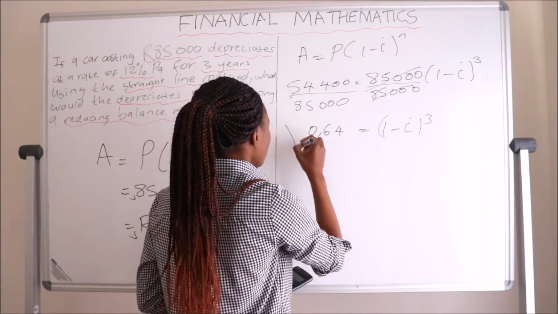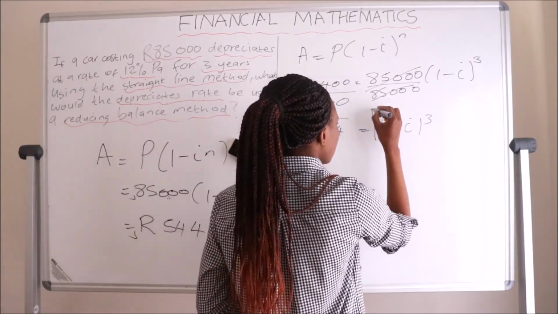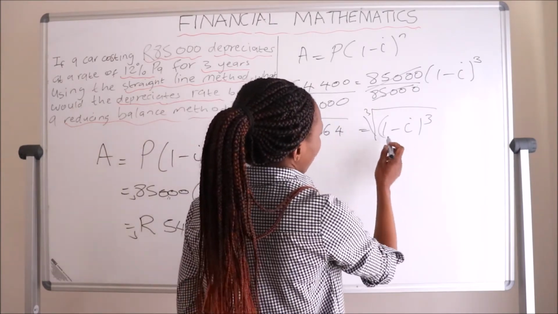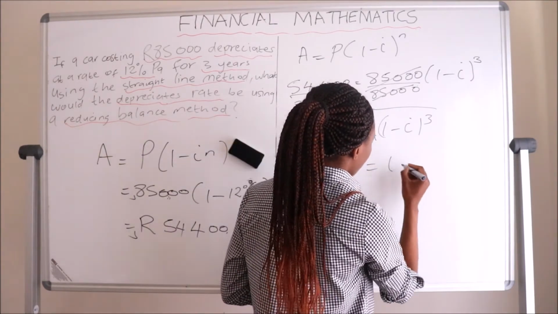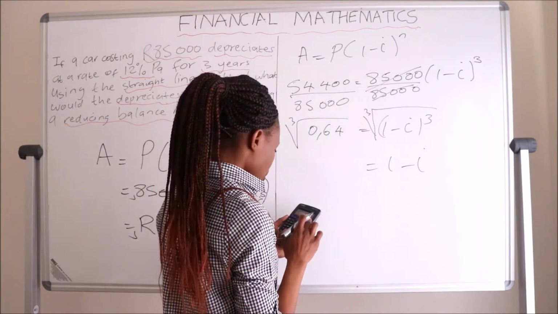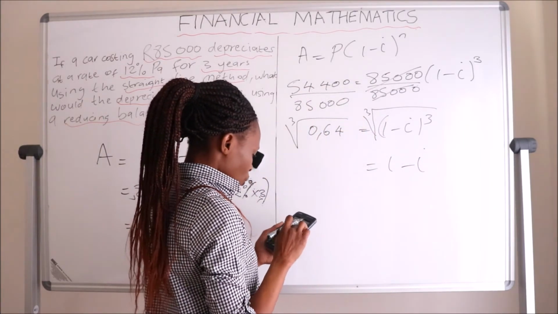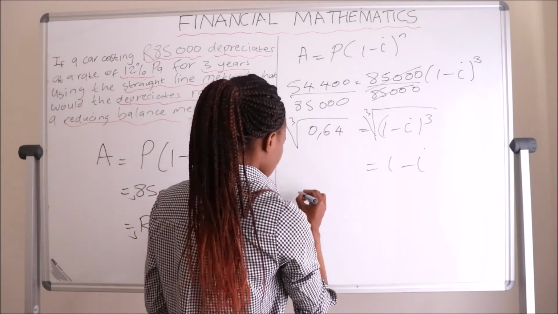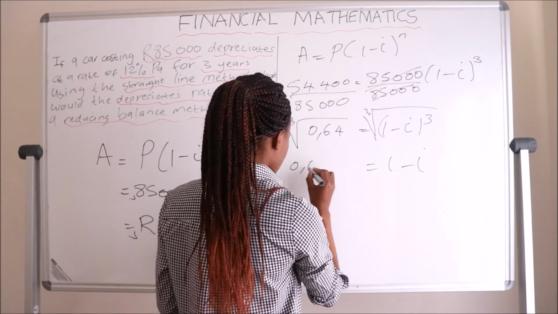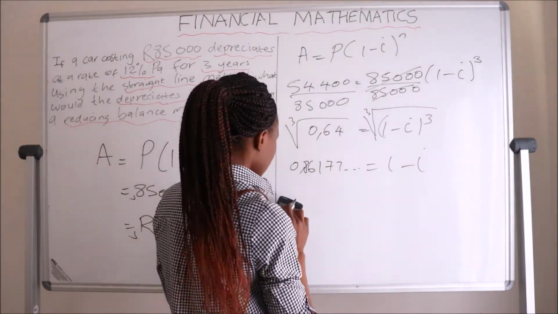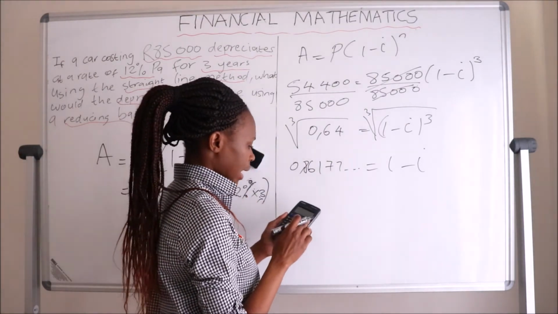Then here we introduce the cube root on both sides, and the cube root of 1 minus i to the exponent of 3 will just be 1 minus i. And then here we have the cube root of 0.64, which is 0.868177, going on, and I'll just store this at letter A.